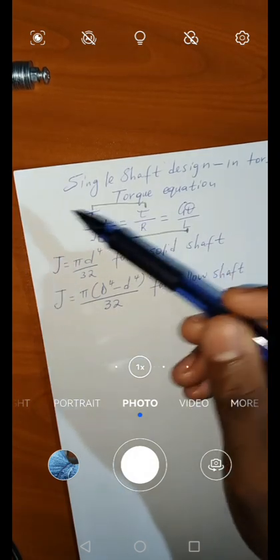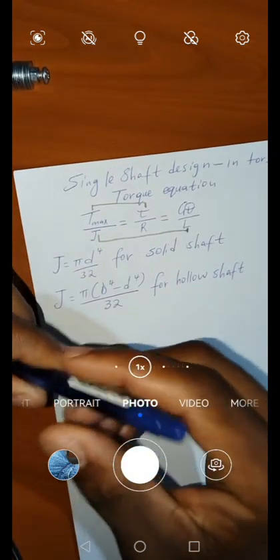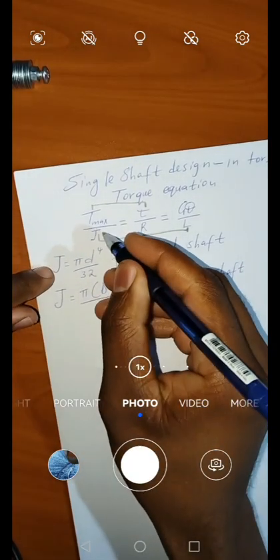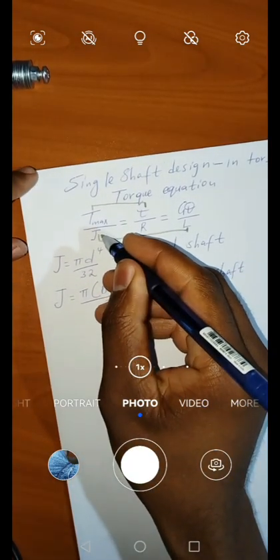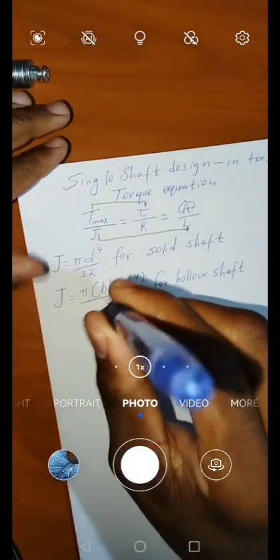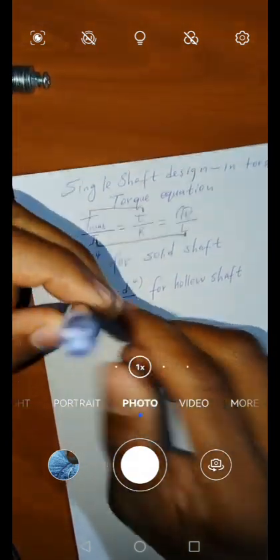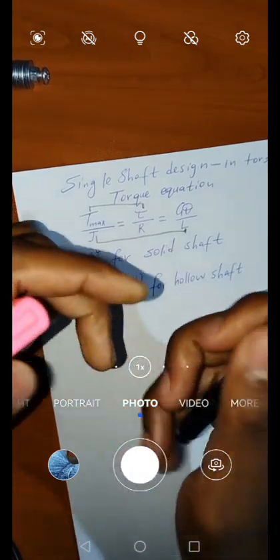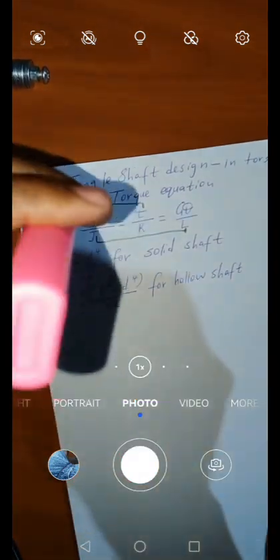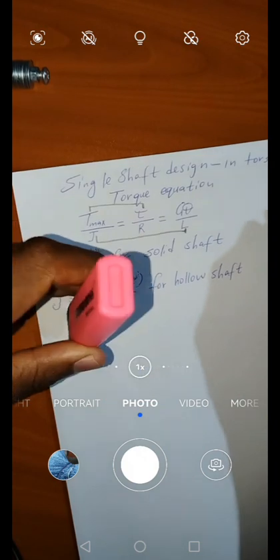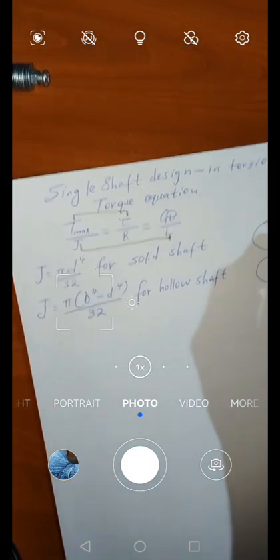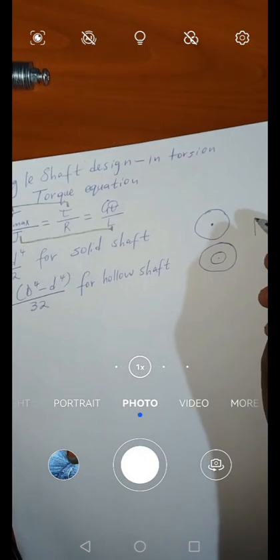I'm talking about the resistance of the component due to its shape. So you can see that this component is going to have a round cross-sectional shape. This one is going to have a cross-sectional shape of this kind, something like this.